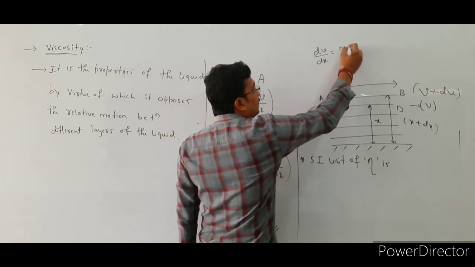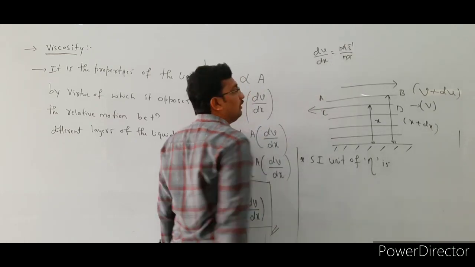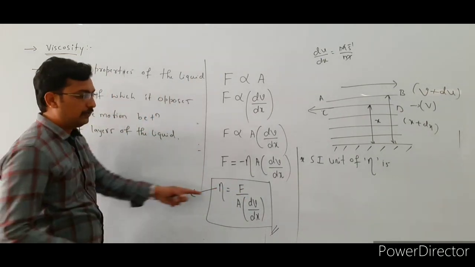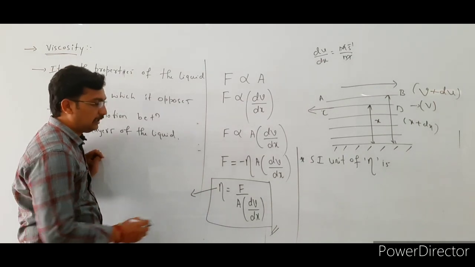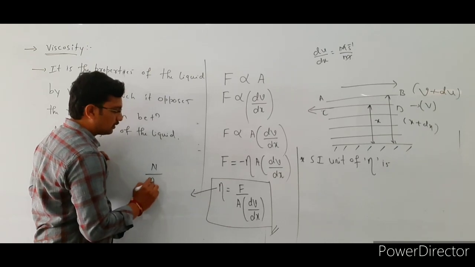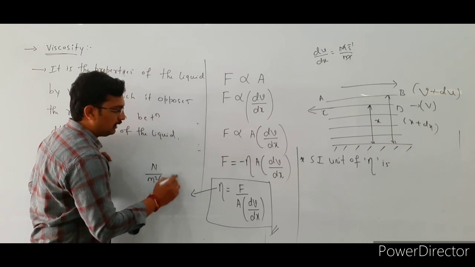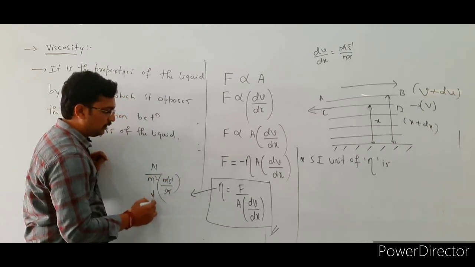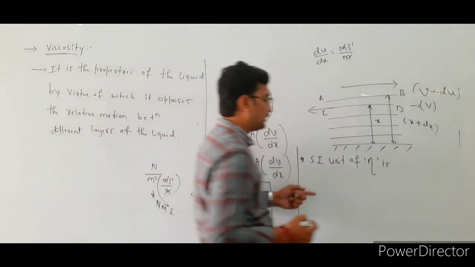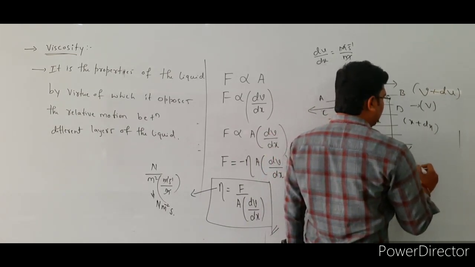The SI unit of velocity is meter per second and the unit of distance is meter, so meter gets cancelled, leaving per second. The SI unit is Newton per meter square second.